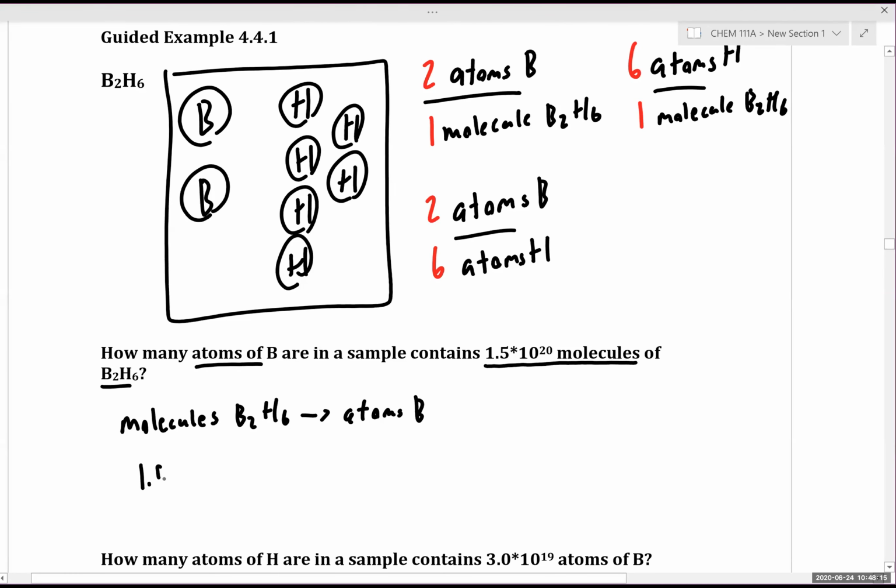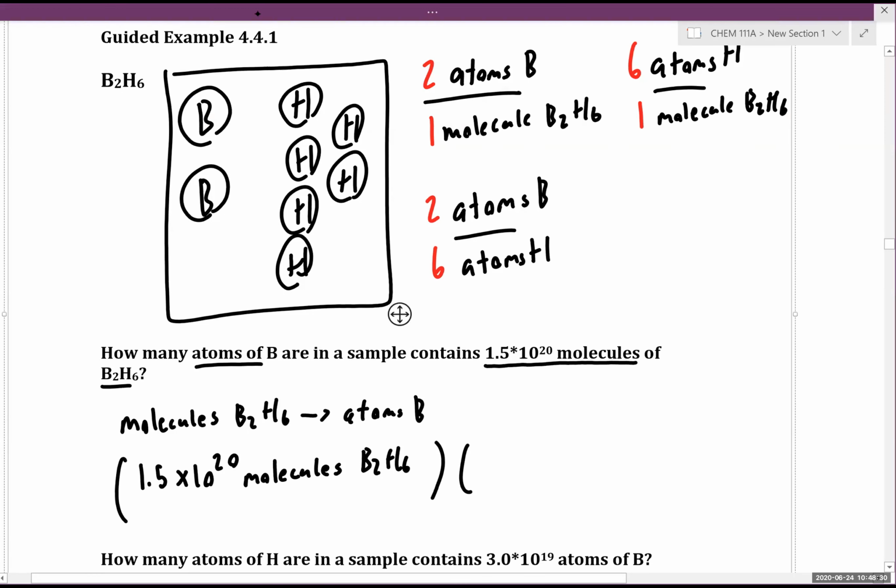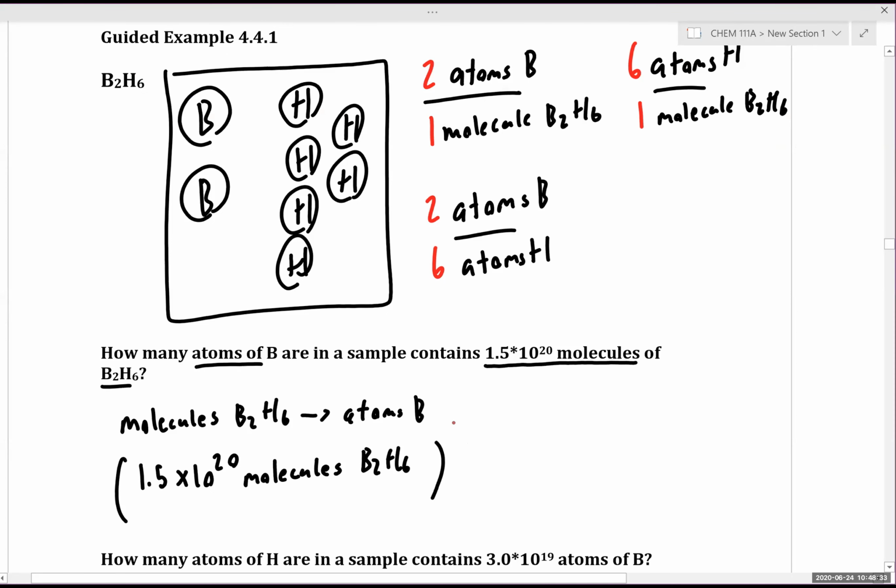So if we have 1.5 times 10 to the 20th molecules of B2H6, looking at our final units, what units do we need on top? If we're going from molecules to atoms, what units do we need on top? 2 atoms of boron. Yep, exactly right.